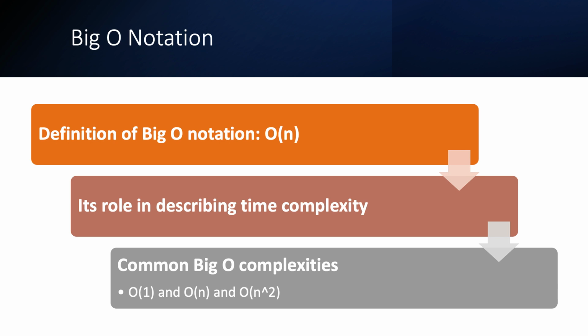So this means that the runtime will always be the same regardless of the input size. For example, if the superhero's task is to pick up the first toy from the box of toys, then even if the array, or the box of toys, has 1 million toys, the time complexity will be constant. Another Big O notation is O function of n.